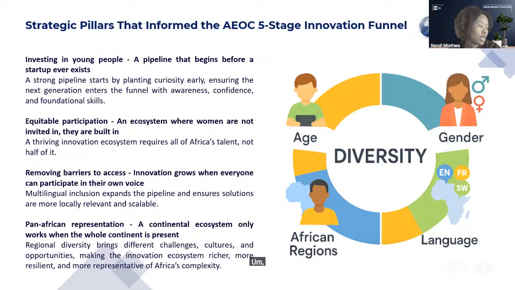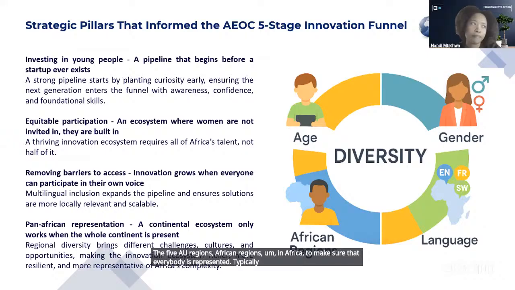We are also then looking at integrating the 5 AU regions, African regions in Africa, to make sure that everybody is represented. Typically in these programs, people who have access to laptops and internet are the ones who benefit the most.